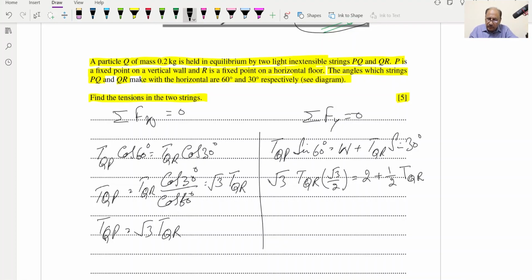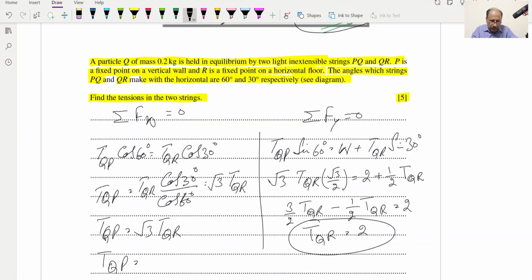Further, under root 3 into under root 3 will be 3 over 2 TQR, minus 1 by 2 TQR. We can shift this TQR to the other side, so 3 by 2 minus 1 by 2 will be 1, so TQR is equal to 2. Now we replace this TQR value over here and get the TQP value, which will be 2 under root 3.